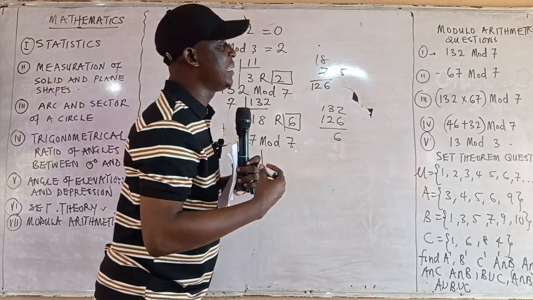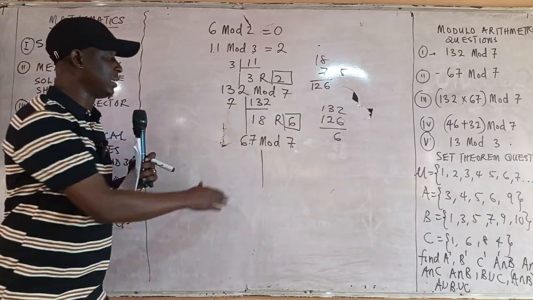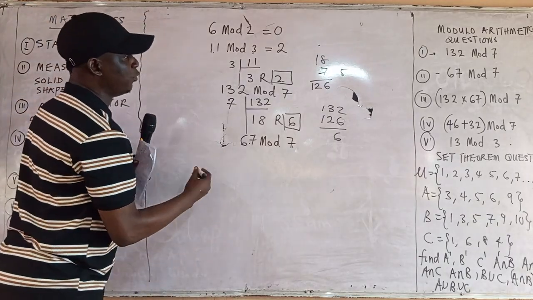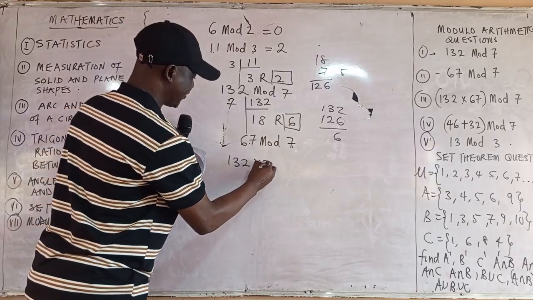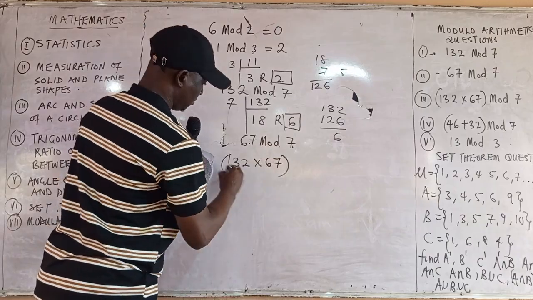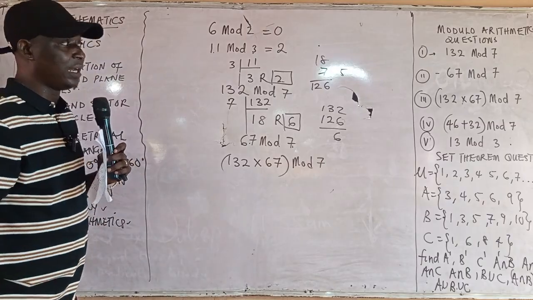Now, how do we tackle big numbers? For example, let's say we have 132 times 67 mod 7. This is a very big number.